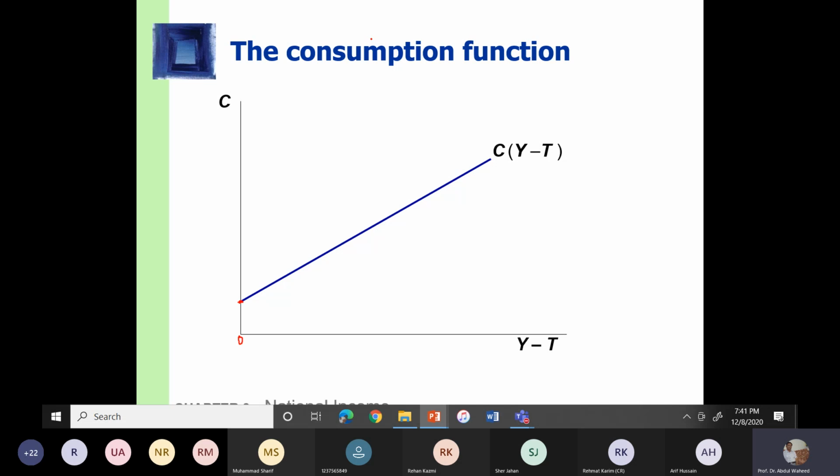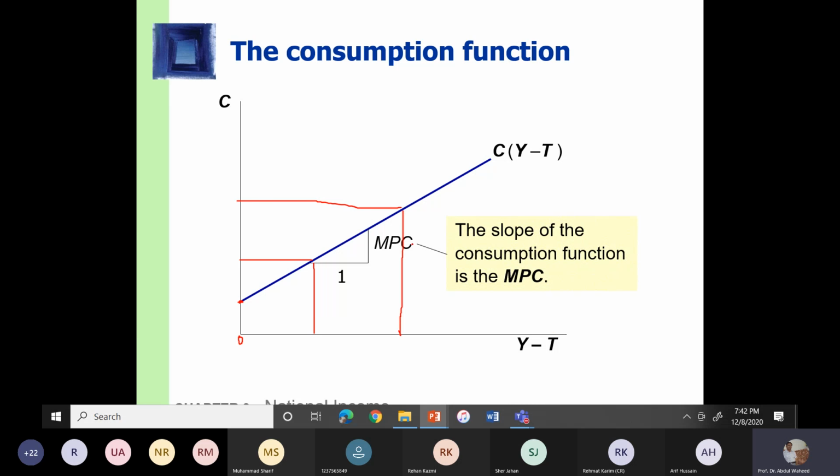And then you can see that as disposable income is increasing, अगर disposable income आपका ये है तो फिर consumption आपको इतना है, और अगर disposable income बढ़ गया, ठीक है, then consumption expenditure also increases. Now this is the slope.